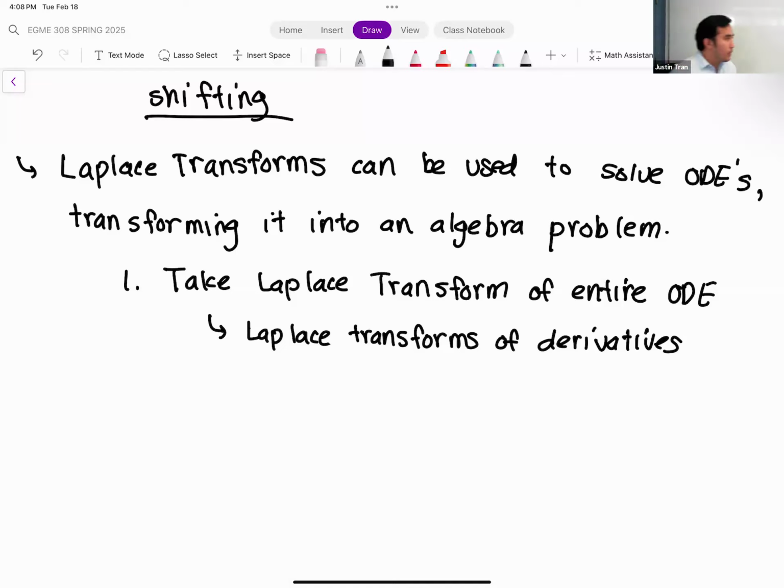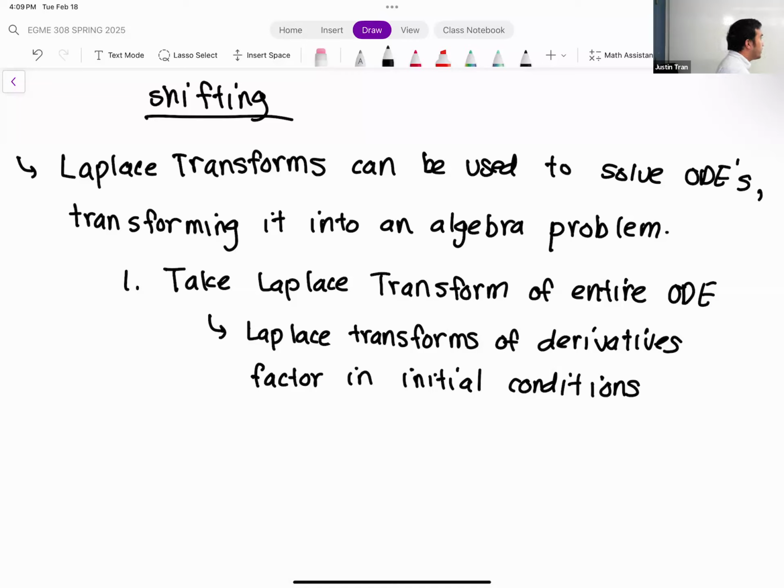In particular, when you take a Laplace transform of a derivative, we're going to factor the initial conditions into that transform as well. So just make sure that you take that into account.